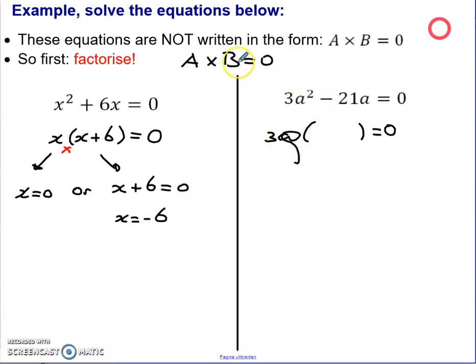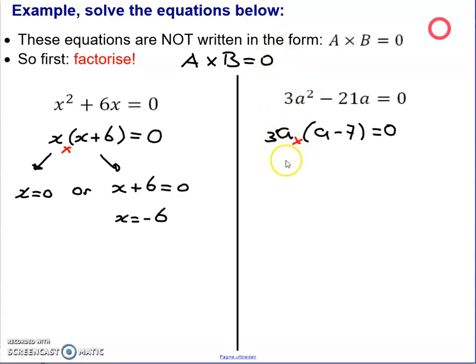There should be an a between the brackets, because 3a times a is 3a squared. 3a times something should be minus 21a. So over here should be minus 7. And now it's factorized.